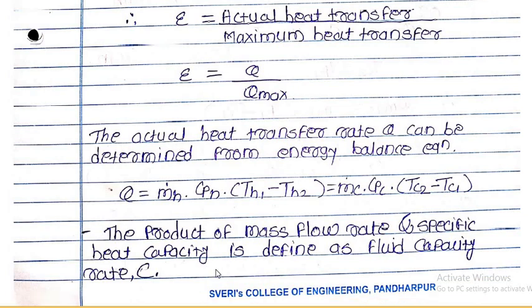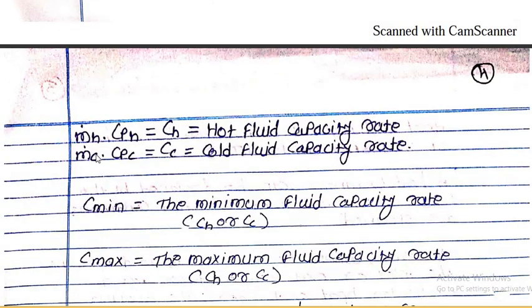Here we have put m dot H multiplied by Cph equal to C suffix H, that is the hot fluid capacity rate, and m dot C multiplied by Cpc is C suffix C, that is the cold fluid capacity rate.